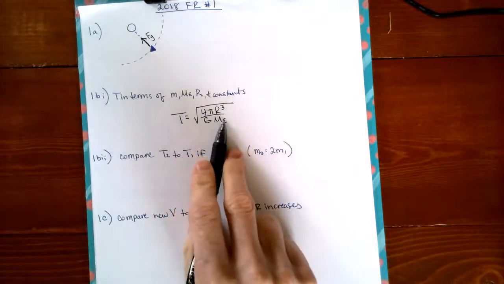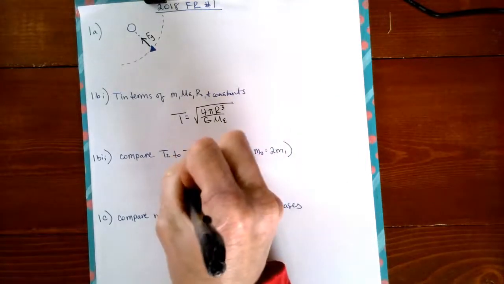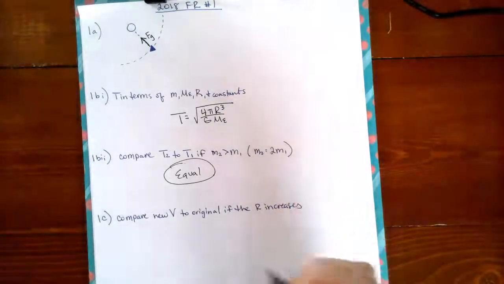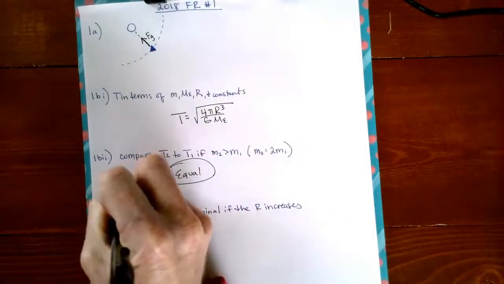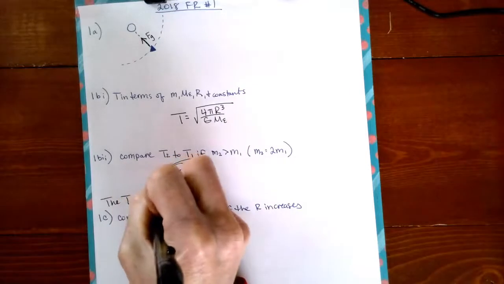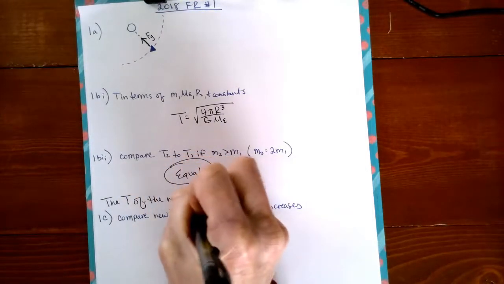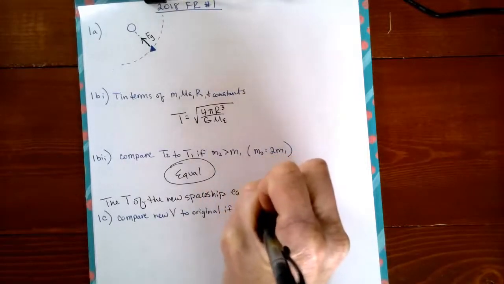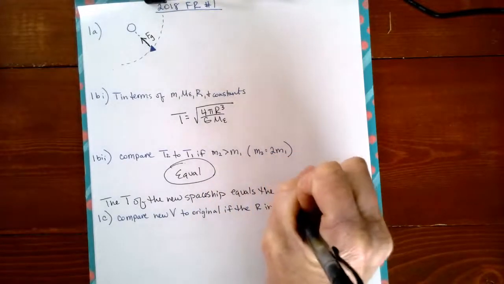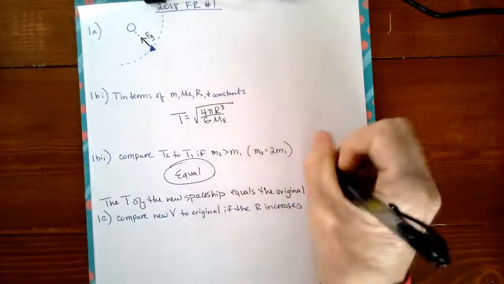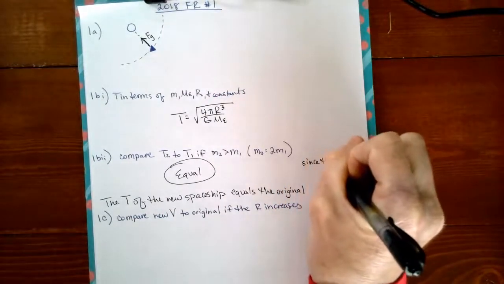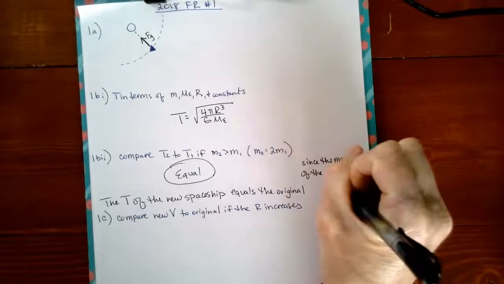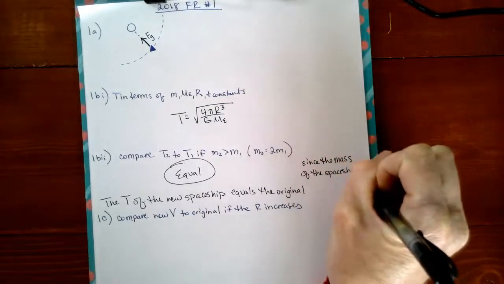And we would write out a sentence just saying that the period of the new spaceship equals the original, since the mass of the spaceship has no effect on the period.